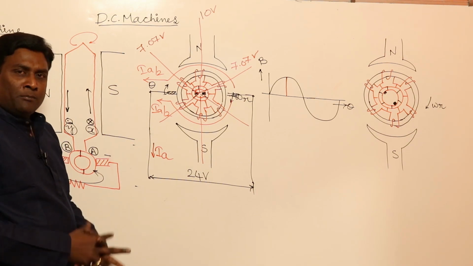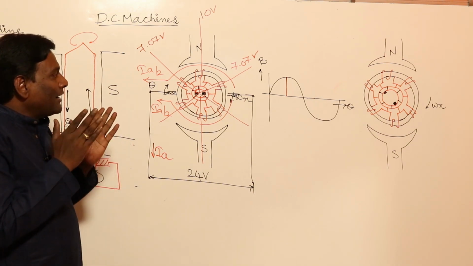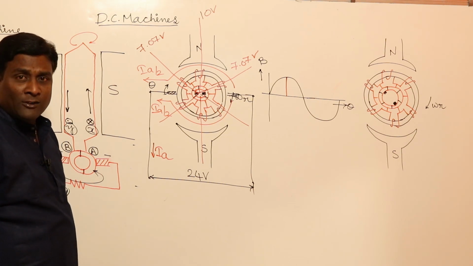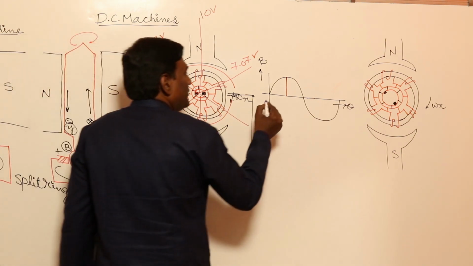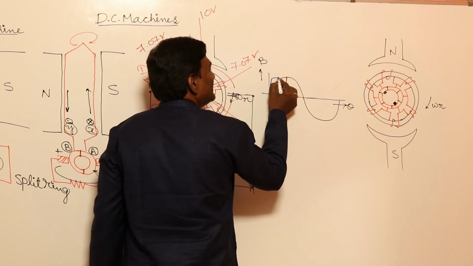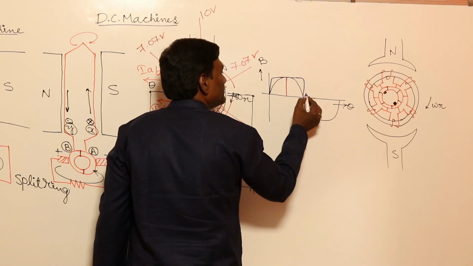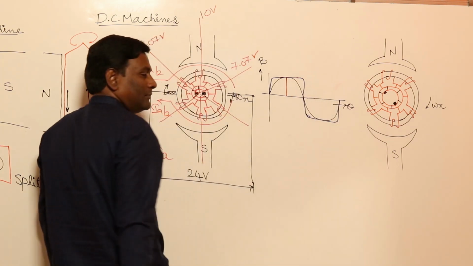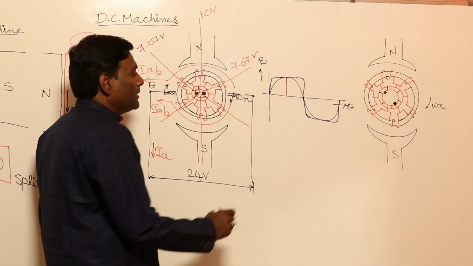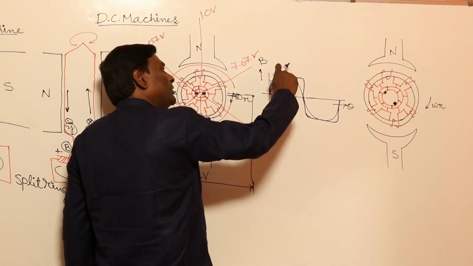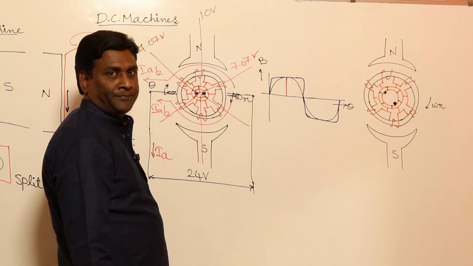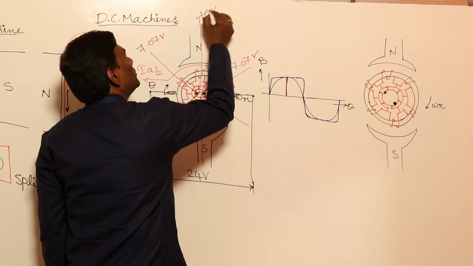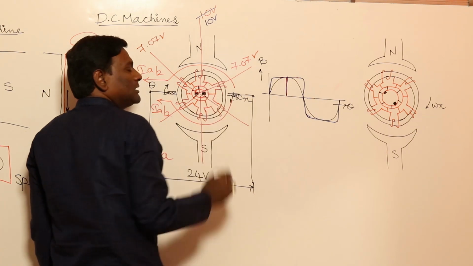For example, rather than having sinusoidal flux density, if I can have flat topped flux density, what is the advantage? Let us see. For example, the peak value of the sinusoid and the peak value of the flat topped is the same. So here, induced voltage is 10 volts because the peak is the same.